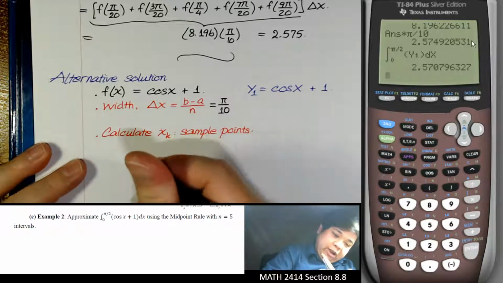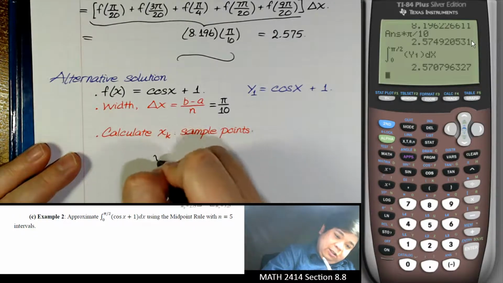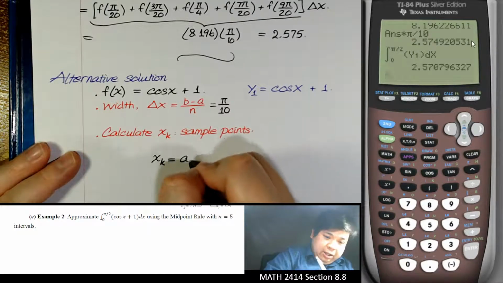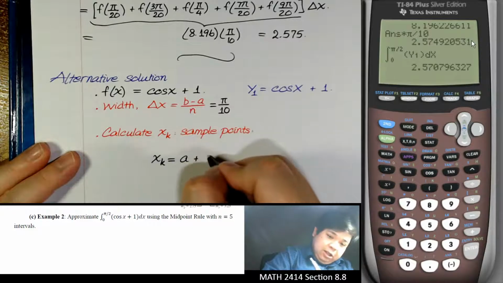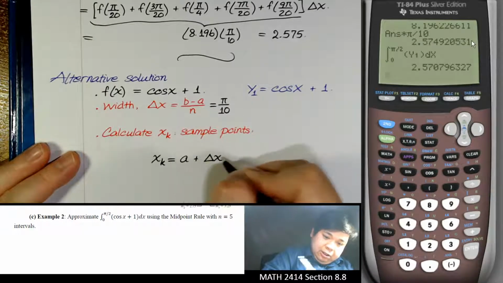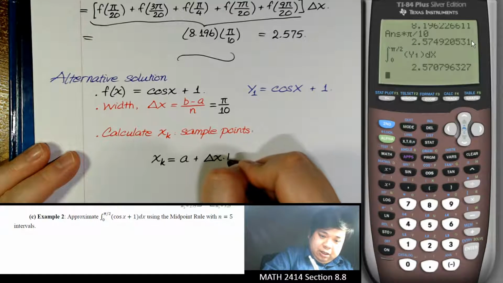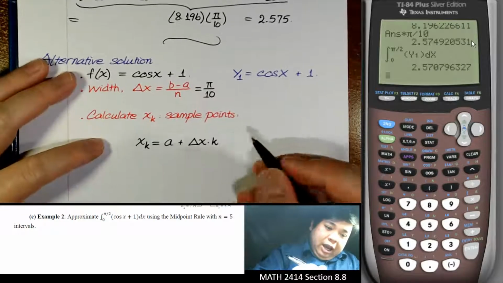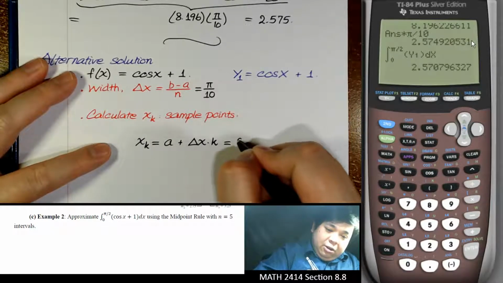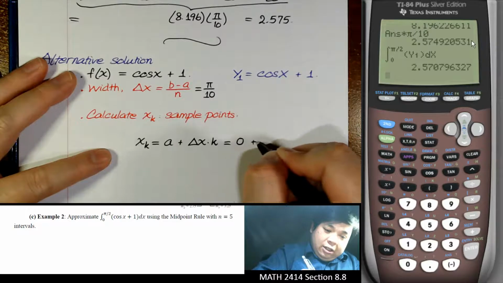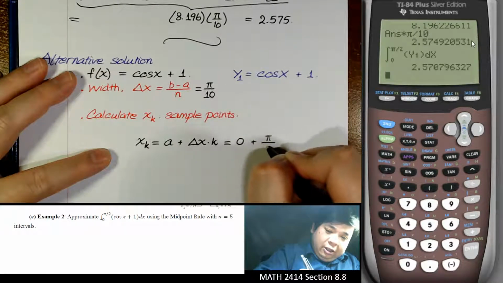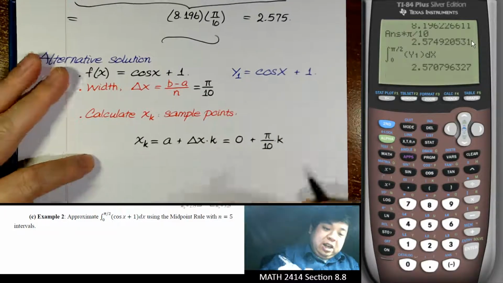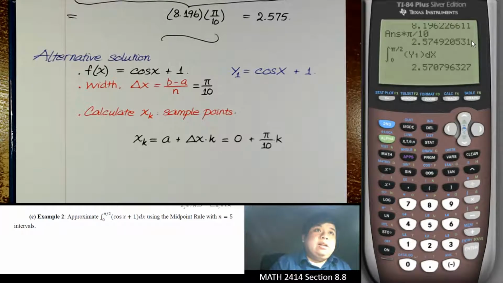So in this case, we have xk equal to a plus delta x times k. A is 0, delta x is pi over 10 times k. Don't mind that, the answer must have k in it, so that is k.